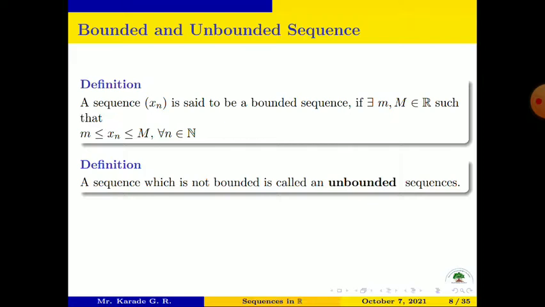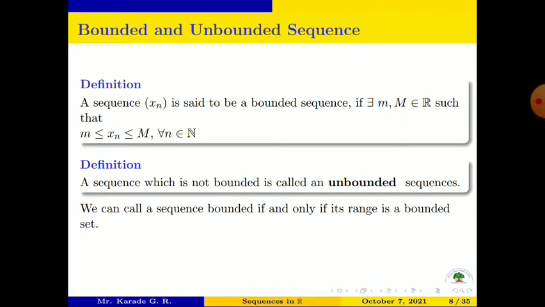If there exists an upper bound but no lower bound, in this case also we say that the sequence is unbounded. And if neither a lower bound nor an upper bound exists, in this case also we say that the sequence is unbounded.